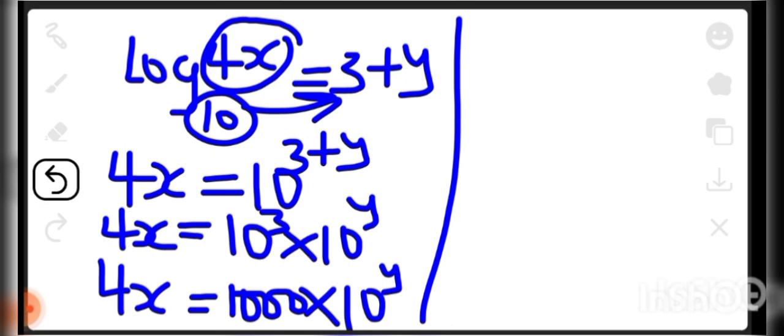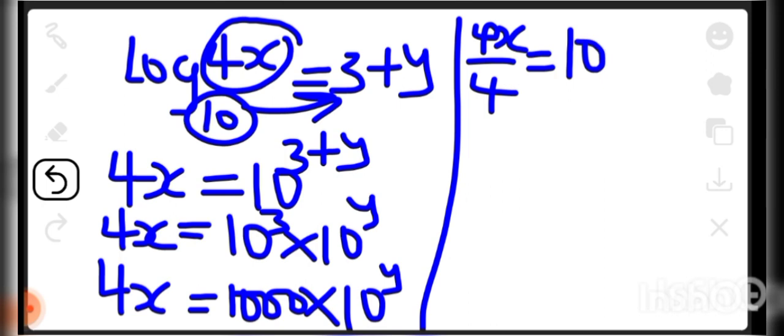Divide both sides by 4 so that x will be free. We're going to have 4x over 4 is equal to 10 raised to power 3. Or you can still leave it at 1000, and just because of space, times 10 raised to power y.